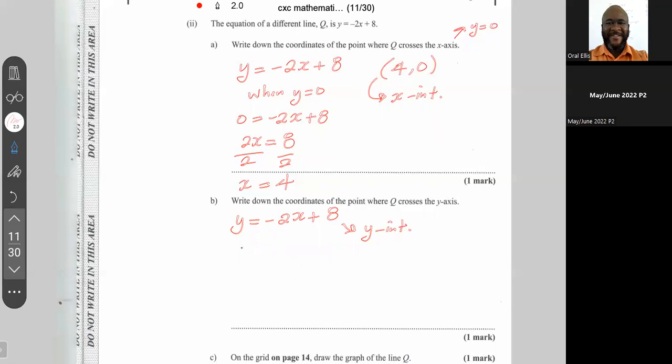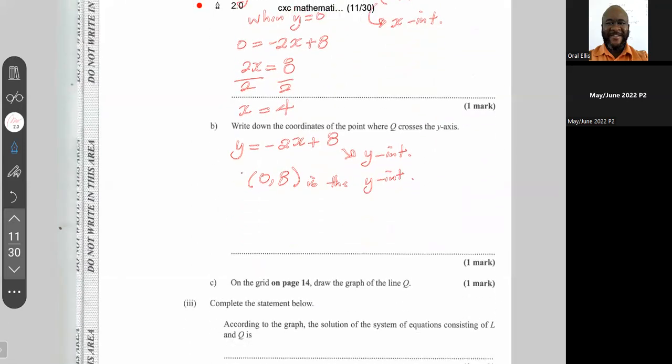Now, the y-intercept is where the graph crosses the y-axis. The y-axis is the vertical line x is equal to 0. So the x-coordinate of all y-intercepts is 0. So 0, 8 is the y-intercept.